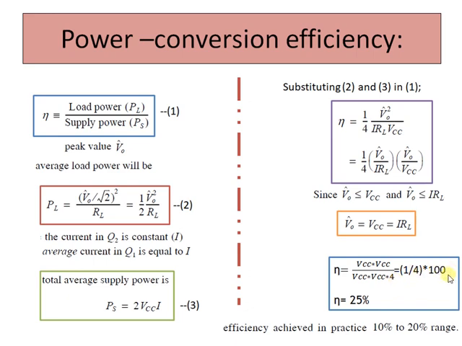So 1 by 4 into 100 gives me a value of 25%. Since efficiency is 25%, which is low, the class A output stage is rarely used in high power applications. In practice, it is usually achieved in the range of 10 to 20%.